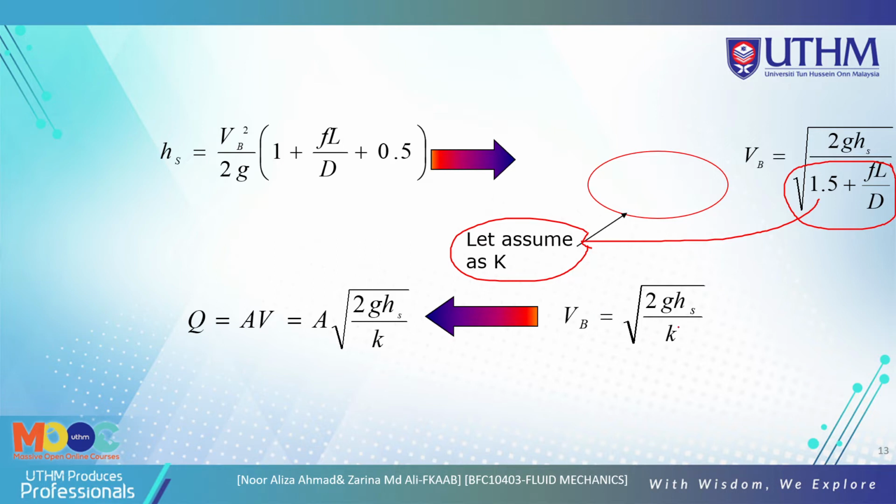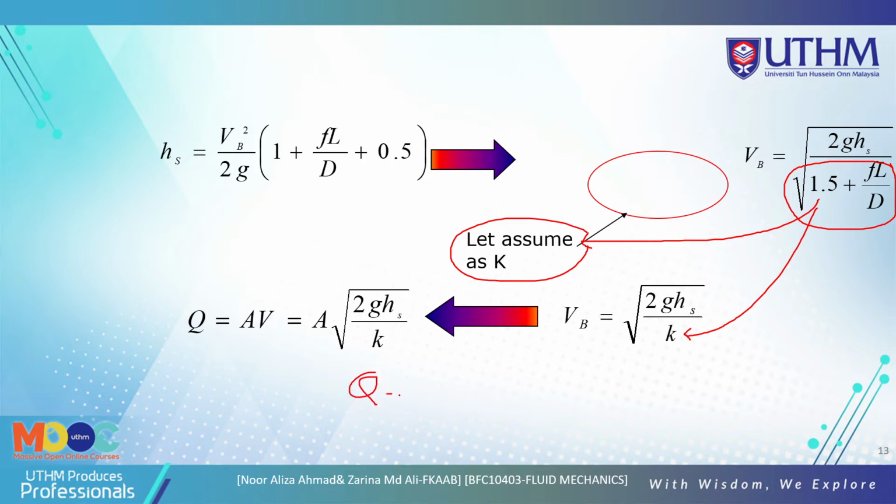So the K is 1.5 plus FL over D. To get the discharge Q equals A times V, where V is the square root of 2GHS divided by K, and K is 1.5 plus FL over D. So we assume it as K, but if you don't want to assume, we just use this formula directly.